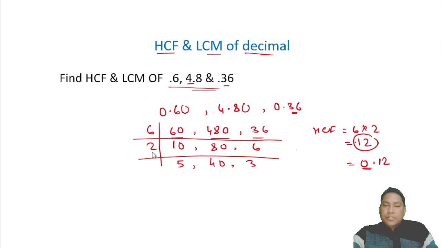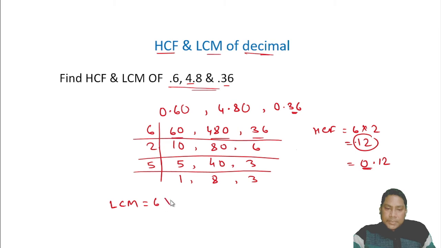Now we will take out the LCM. Now we will also divide it by 5. It will become 1, 8 and 3. The LCM of these numbers is 6 multiplied by 2 multiplied by 5 multiplied by 8 and 3.